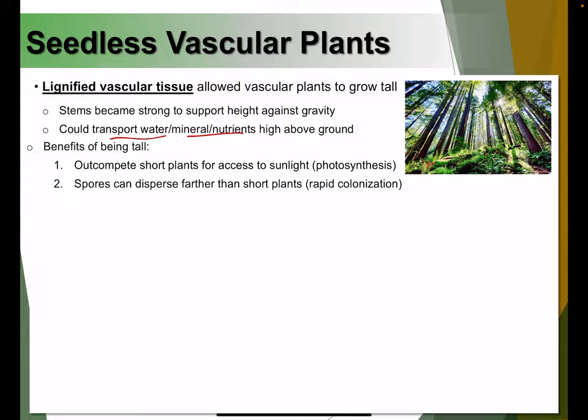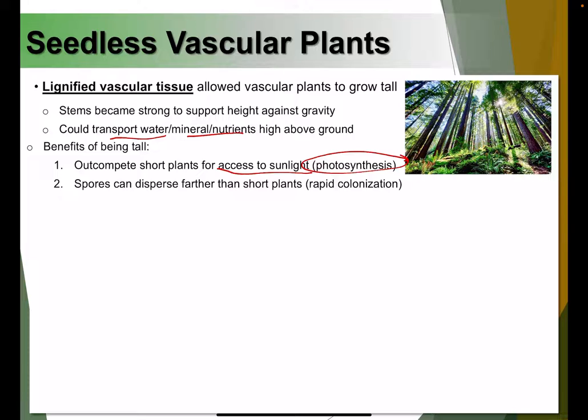So there are many benefits of being tall. I mean, when we talk about humans, we have those benefits, but for plants and trees, they have benefits of being tall too. First, they outcompete short plants for access to sunlight, which is a very important ingredient in photosynthesis. It is through photosynthesis that plants are able to provide food for themselves. That's why you don't need to feed plants food because they can, just from sunlight and carbon dioxide alone, make glucose through photosynthesis.